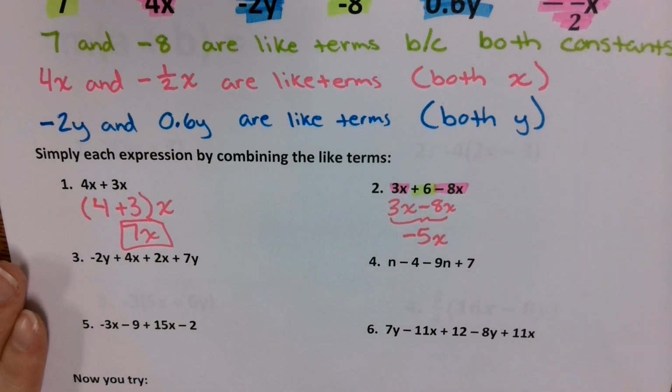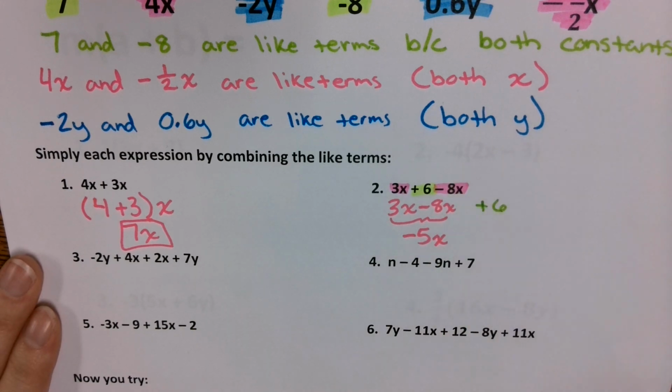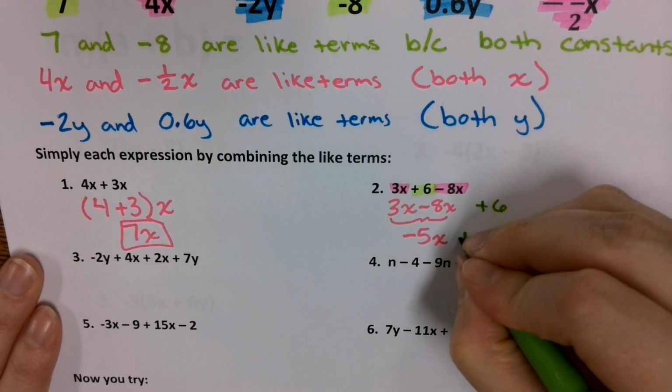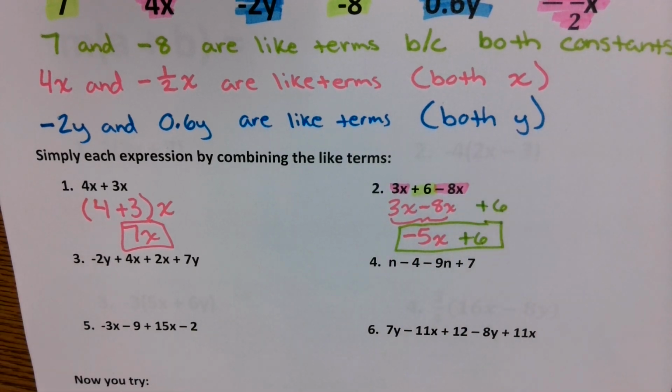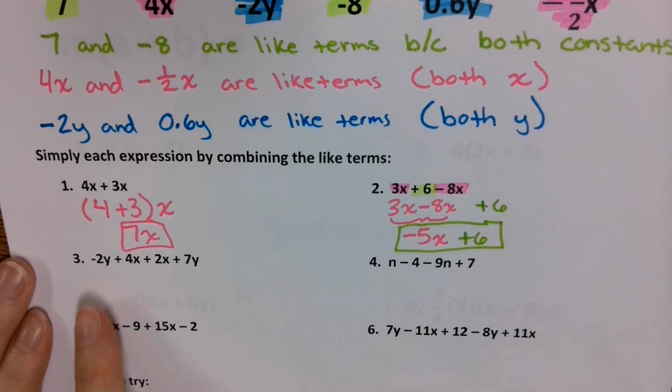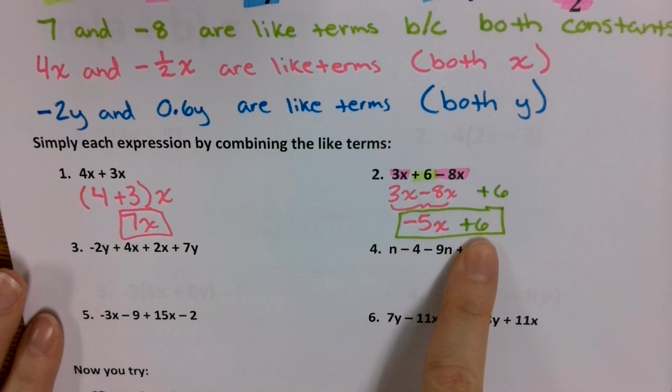Don't forget your variable. It's negative 5x. And then this plus 6 has nothing that can get combined with it, so it just stays plus 6. So we have negative 5x plus 6 as our final answer.